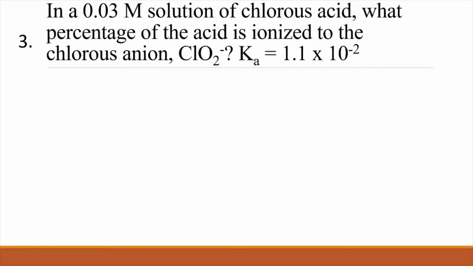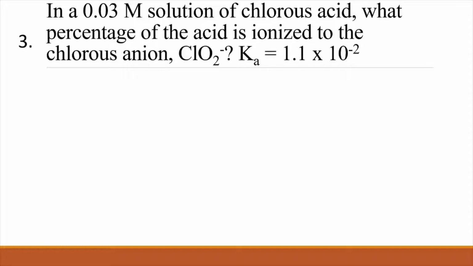Our next question. In a 0.03 molar solution of chlorous acid, what percent of the acid is ionized to the chlorous anion, ClO2 minus? And we're told Ka is 1.1 times 10 to the negative 2. So this is our first problem where we're going to need an ICE diagram, because it gives us a clue telling us a Ka. We're going to have an equilibrium happening here.